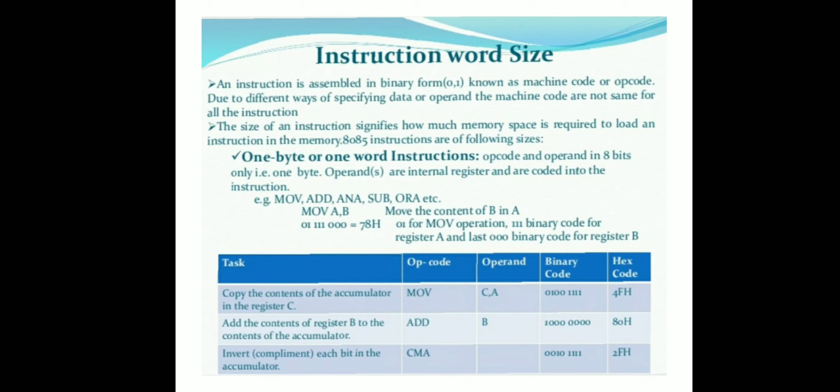Now we discuss the instruction word size. An instruction is assembled in binary form, 0 and 1, which is known as machine code or opcode. Due to different ways of representation, the machine codes are not the same for all instructions. So, on the basis of size, the instructions are grouped in different forms.